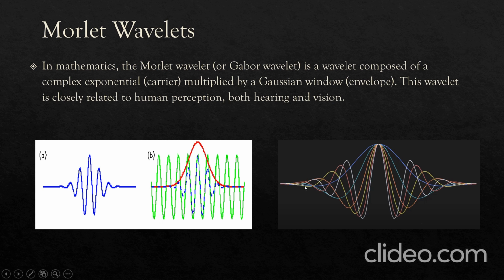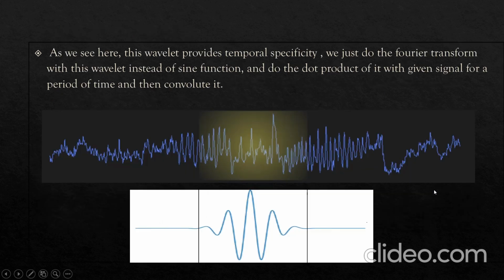Here, we can see a few wavelets which have different frequencies but almost the same window length. This wavelet provides temporal specificity: we just do the Fourier transform with this wavelet instead of a sine function, take the dot product of it with a given signal for a period of time, and then convolve it.